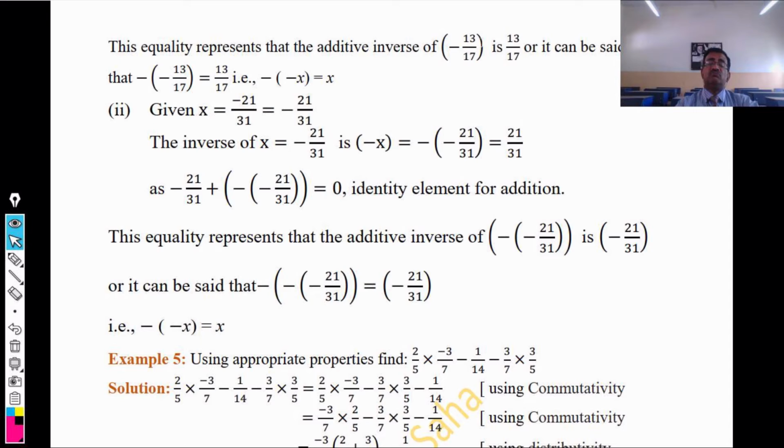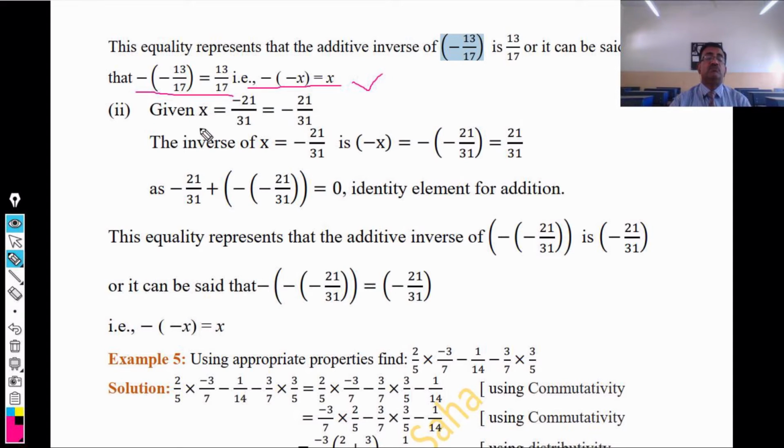And while writing the inverse of minus 13 by 17, in that case you are putting a minus sign. That is, minus of minus 13 by 17 equals 13 by 17. That is, minus of minus x equals x.